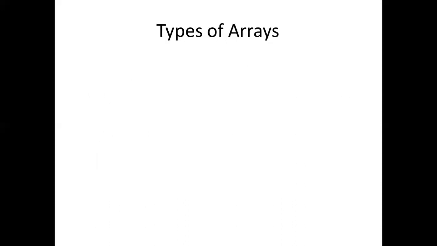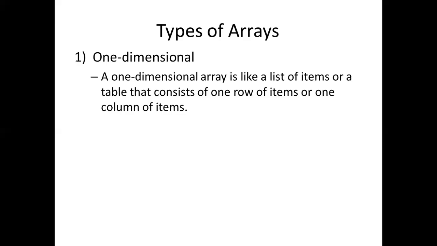Okay, so we have, let's say, 3 types of array, but in this one, we are going to talk about mostly 2, and then we can go to probably 3. The common one, the easiest one, is the one-dimensional array.